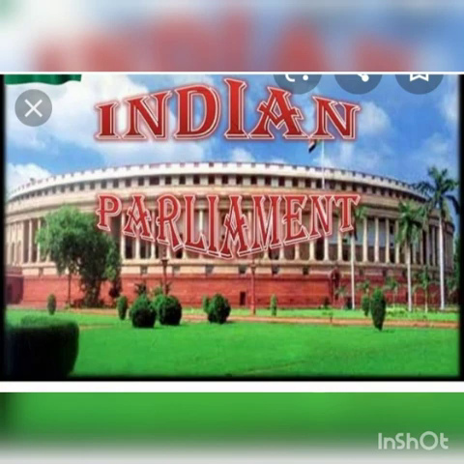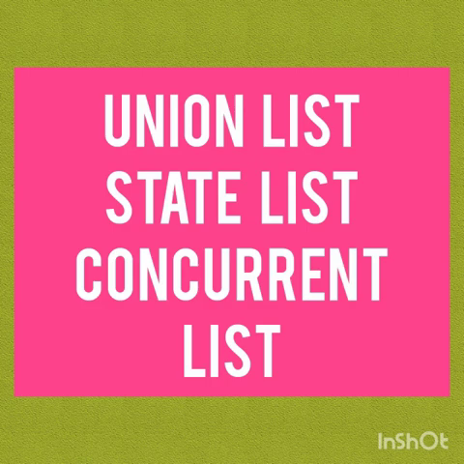These powers are stated in 3 lists. The first list is known as the Union list. The second is known as the state list, and the third is known as the concurrent list. We will talk about these 3 lists in the next lesson.